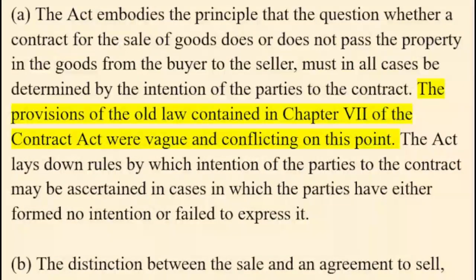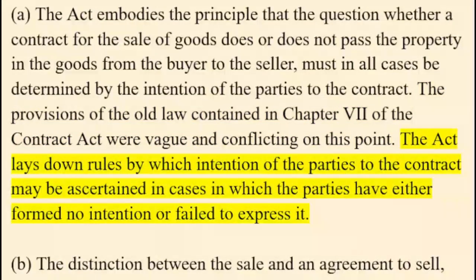The provisions of the old law contained in Chapter 7 of the Contract Act were vague and conflicting on this point. The Act lays down rules by which the intention of the parties to the contract may be ascertained in cases in which the parties have either formed no intention or failed to express it.